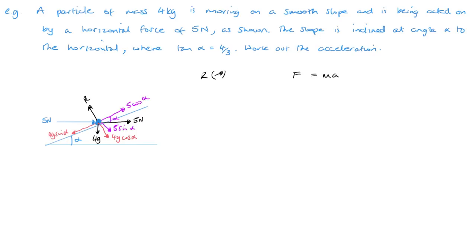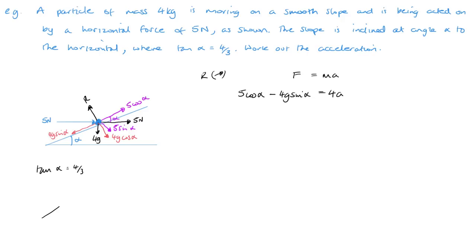So going up the plane is going to be 5 cos alpha, and then going down the plane is going to be 4g sine alpha, and then this is going to be 4a. So I also need alpha. So to do that, tan alpha equals 4 over 3. So I can work out what alpha is by doing the inverse tan of 4/3, and I get 53.1 degrees.